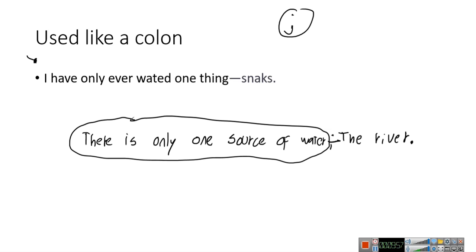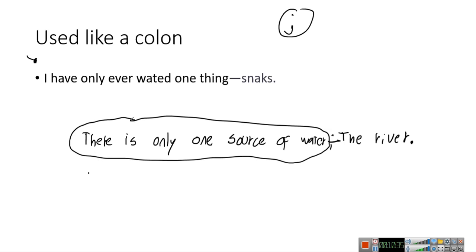So Juli, I want you to give me an example of a dash that is used like a colon. Okay. For example, I have a dog, colon, his name is Rex.